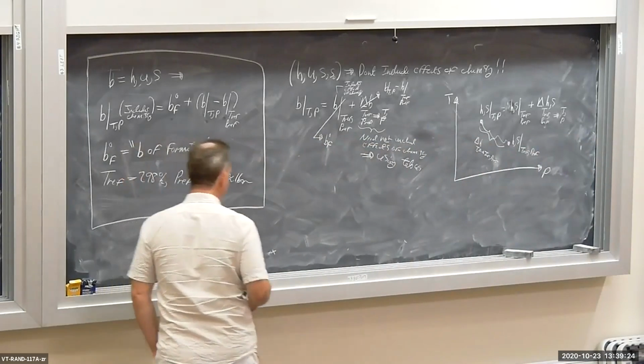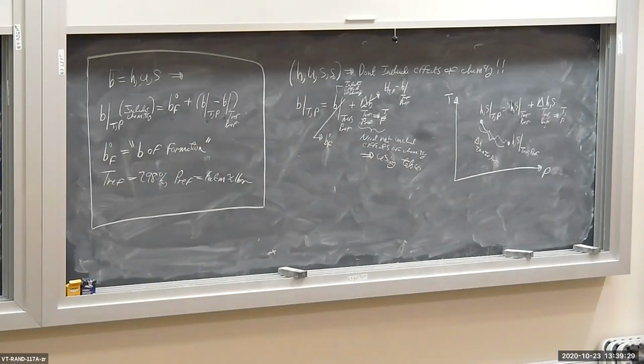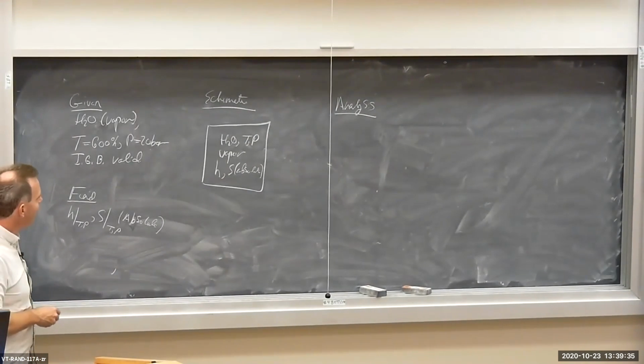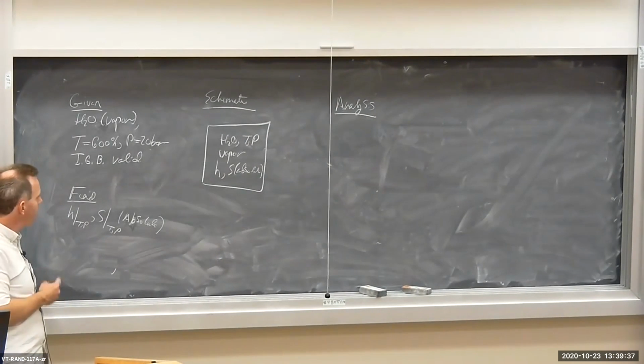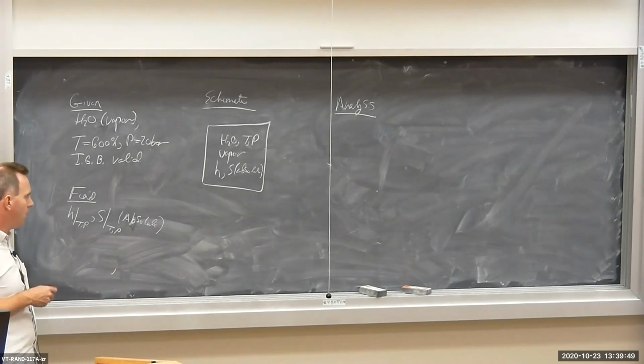Okay, let's do an example here. I think that's enough talk. We have H2O vapor in a container at some temperature and pressure, 600 degrees Kelvin and 20 bar. I'm telling you right now that this H2O obeys the ideal gas law, so we're going to be using IGB tables, okay?